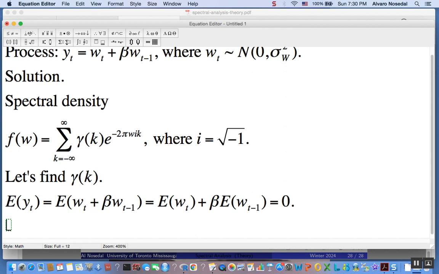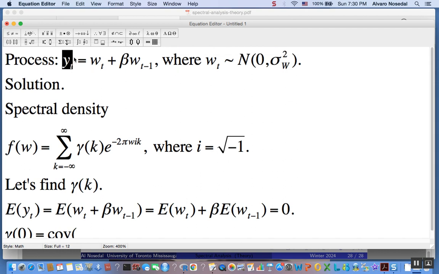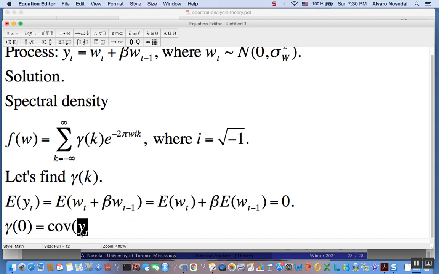Now, let's find gamma, the autocovariance function at lag 0. Okay, so let's find that. Remember that that would be just the covariance of yt and yt. Okay, so now we have shown that the expected value of our process is 0.